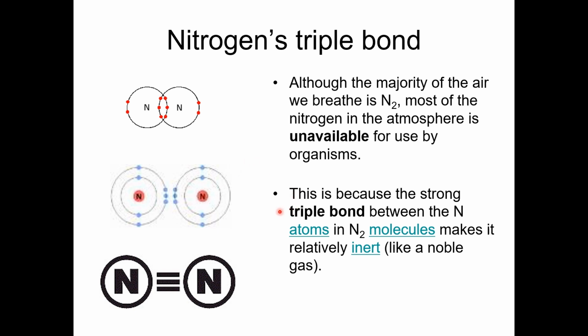The reason is the triple bond between the nitrogen atoms, which makes N2 very inert, meaning it is highly unreactive. So what should happen? There is a cycle in the atmosphere where N2 is converted into nitrate, ammonia, and many other forms so that plants and animals can use it.